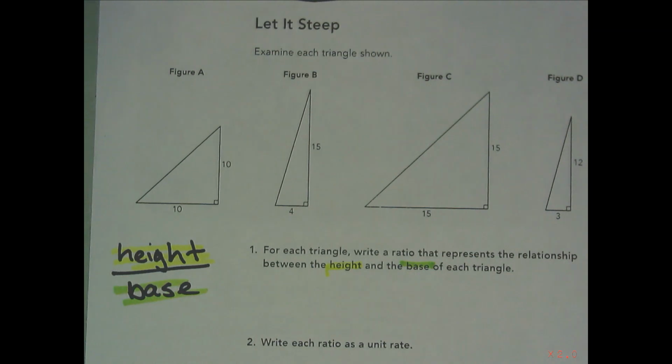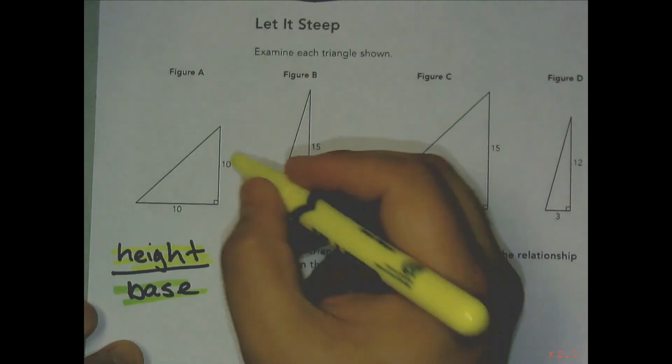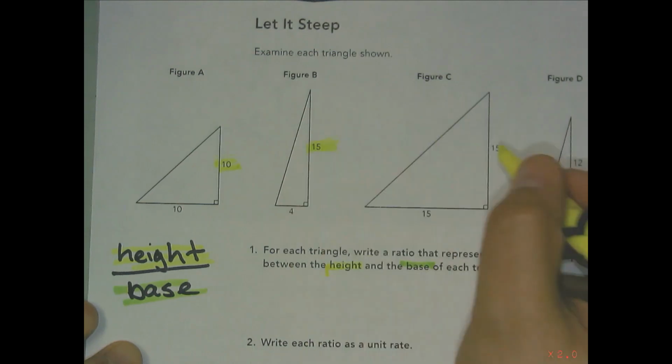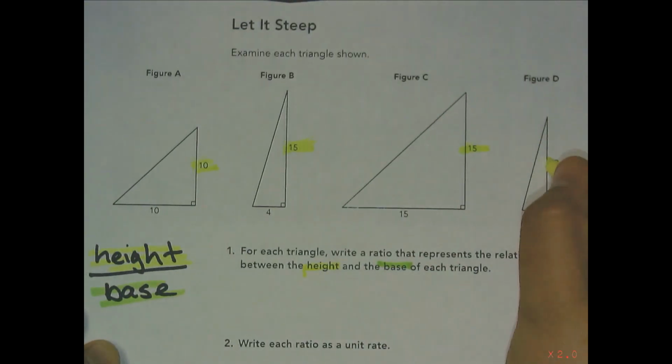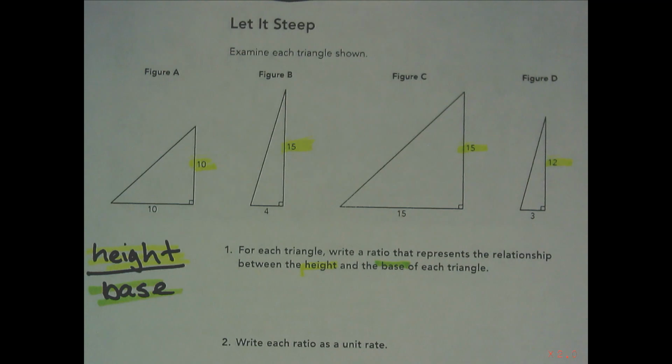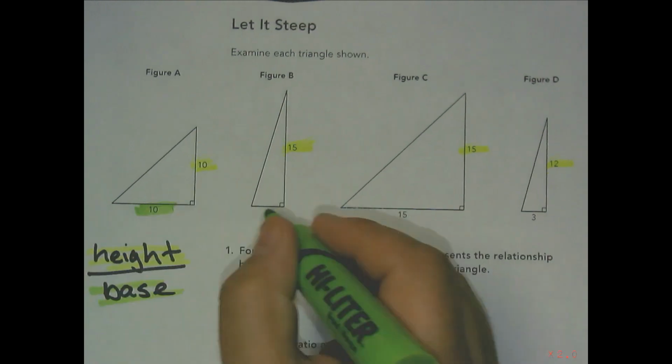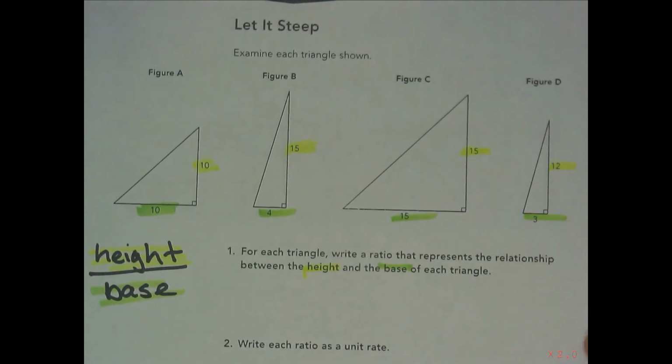Now if I identify the height of each triangle, most times we think of going from the ground up as being the height. So I look at all four triangles, and those are the heights. And the base, we think of like what's sitting on the ground.